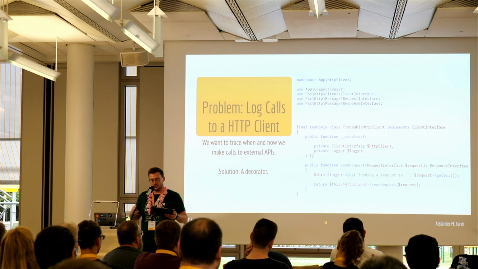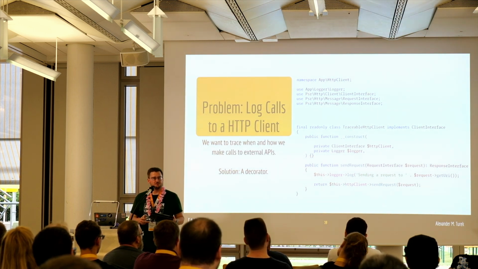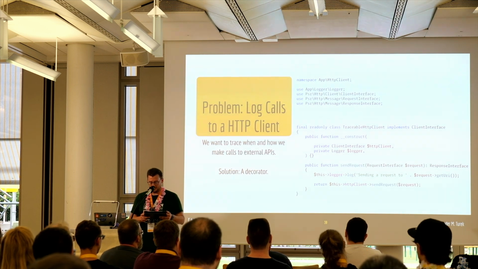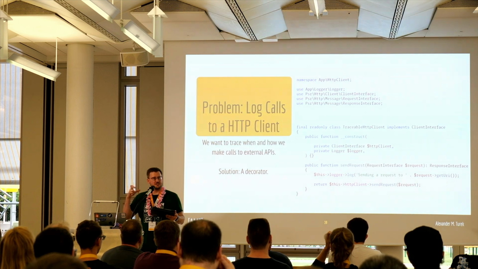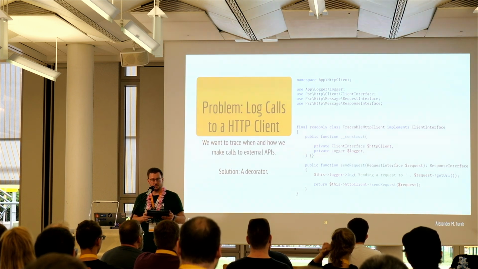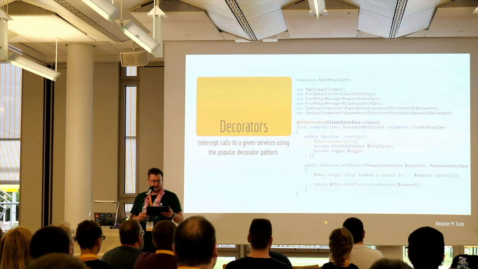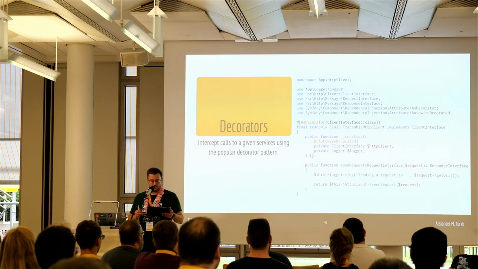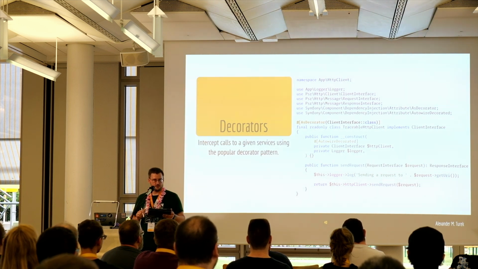So how do I configure this in my service configuration? This sounds pretty complicated if we think about it, and this is probably why the decorator pattern, because it's something that people use quite often, is directly built into the container. I can say that I want to decorate the client interface service. This is, again, a service ID, not a class.